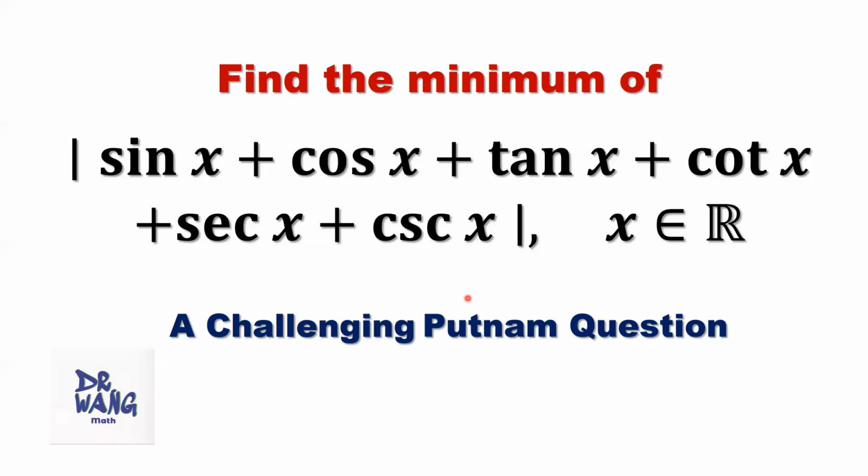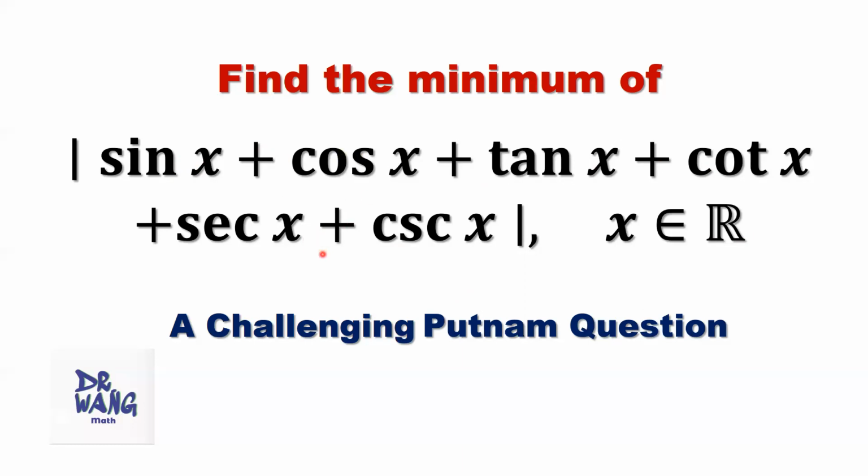What is the basic idea to solve this question in order to find a minimum value? Too many variables here to handle. The basic idea is to convert every function into cosine. If we only have one variable, it's easy to handle to find the minimum value of this expression.